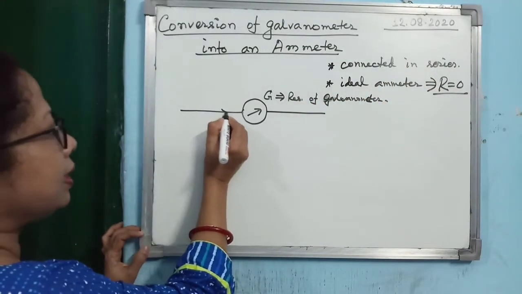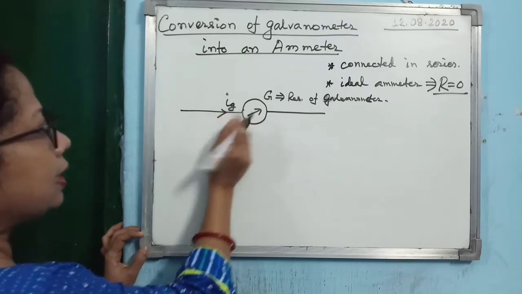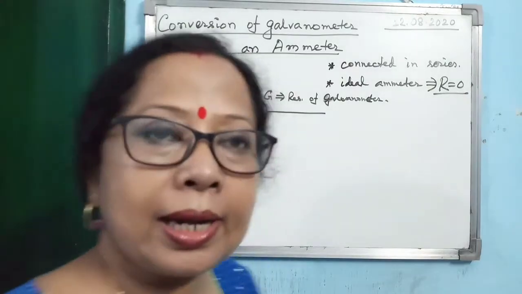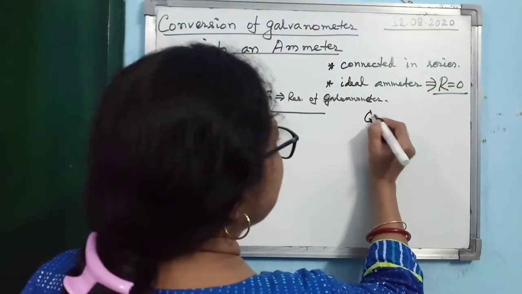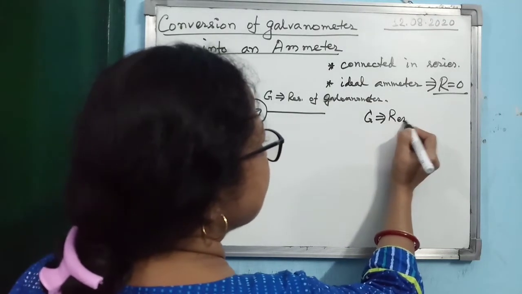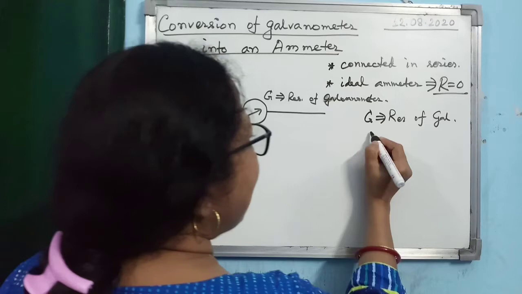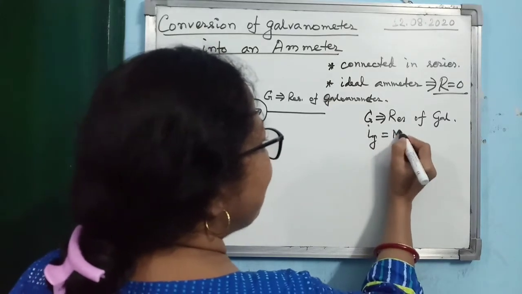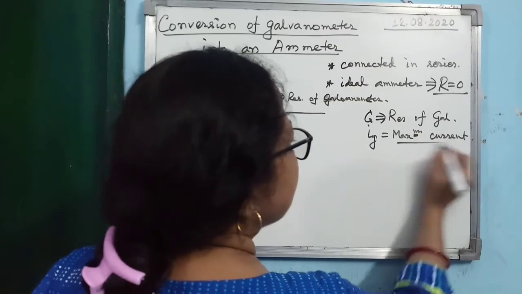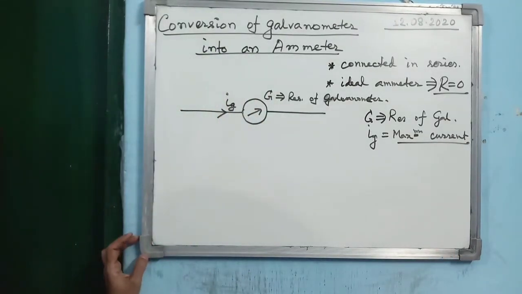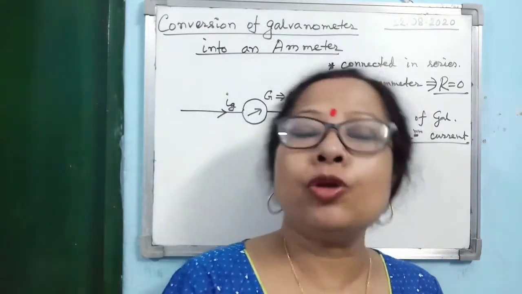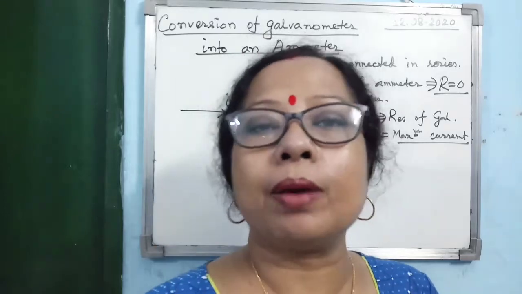Let us consider that the maximum current that can pass through the galvanometer be Ig. Already I have written, G is the resistance of the galvanometer. And what is Ig? The maximum current that can pass through the galvanometer, or the current for which the galvanometer pointer shows maximum deflection.